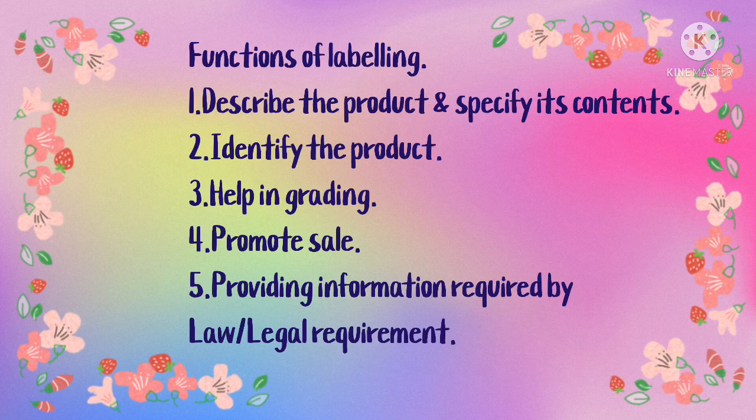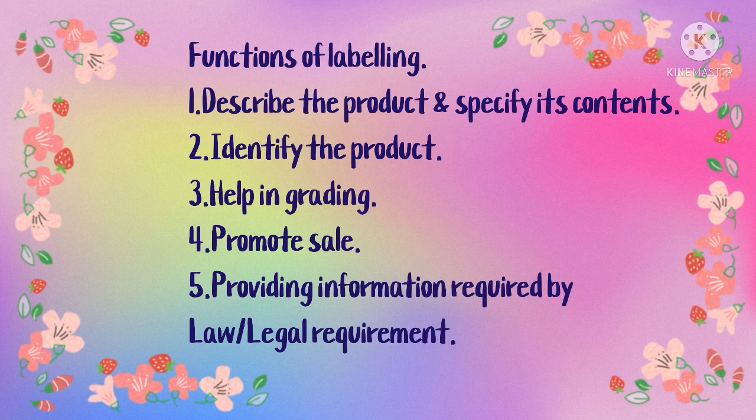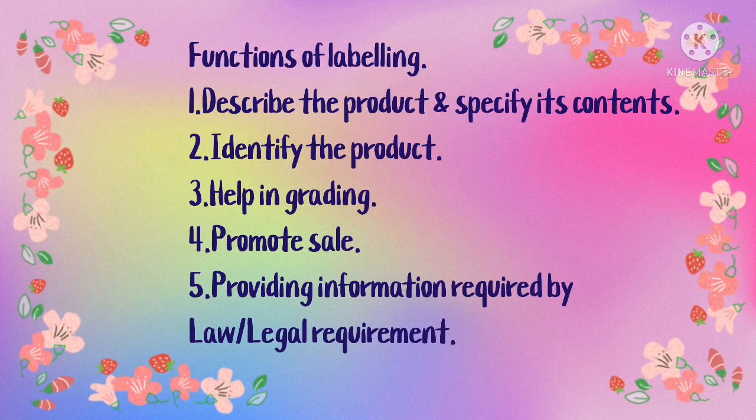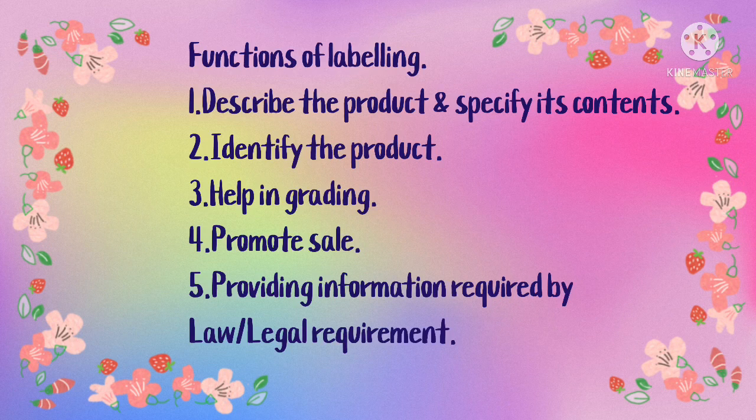Third, helps in grading. With the help of a label, a product can be graded in different categories. For example, Brooke Bond red label, Brooke Bond yellow label, green label, etc. All these are examples of tea. So that helps in the grading.